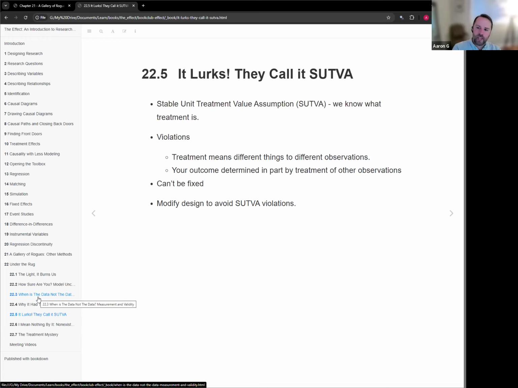And then the other violation that you typically see, which would go under the category of a spillover effect, is where your outcome is determined by how others are treated. The example here would be a classroom. If I remember correctly, it had something to do with SATs, a college prep exam in the US.